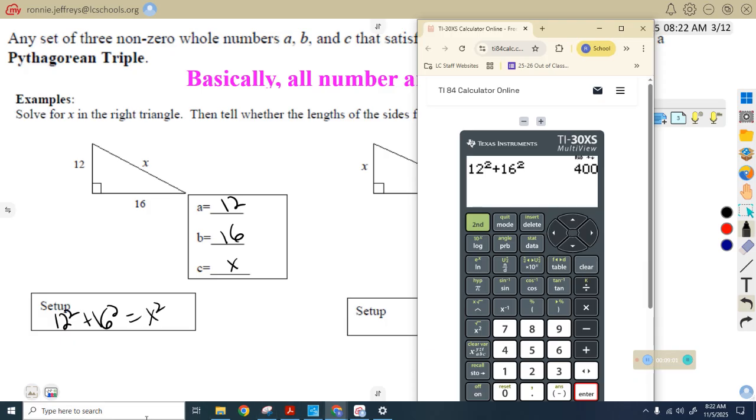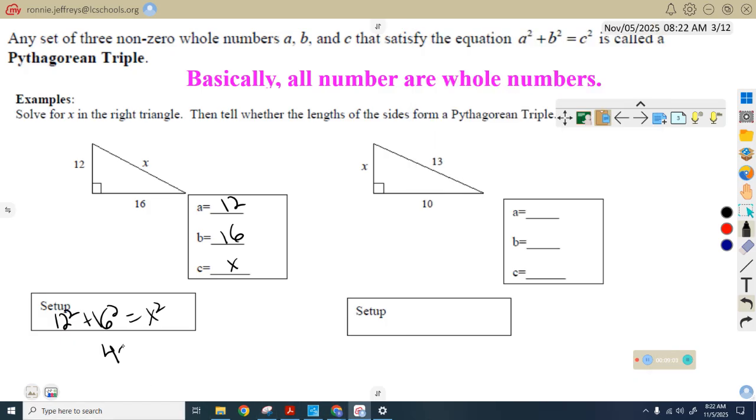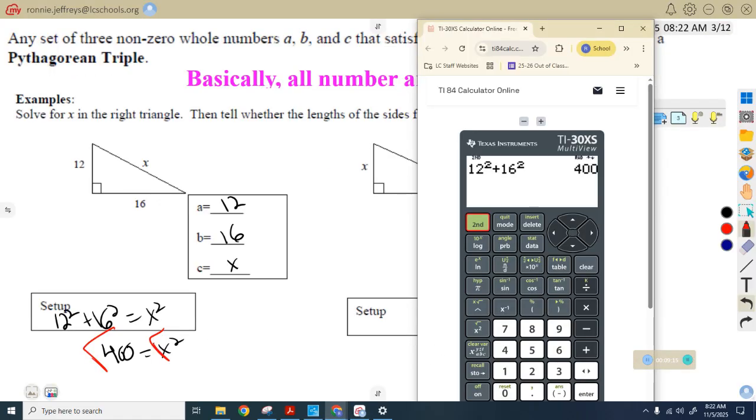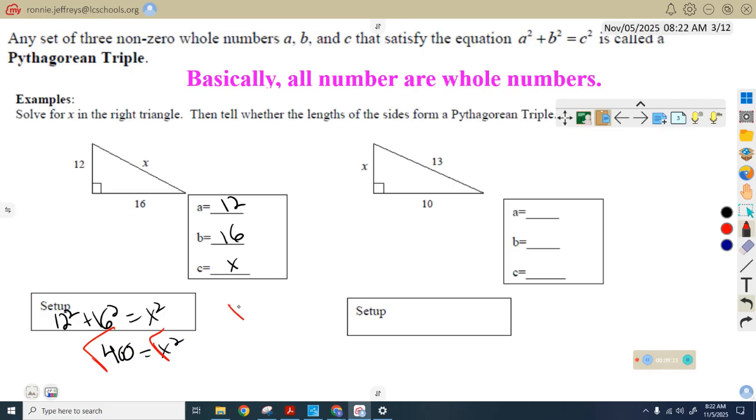All right. So we get 400 equals x squared. Yes, I know I'm writing at a slant, but I don't care. And then the square root, so we get 20. All right, since x equals 20, this is a yes. It's a Pythagorean triple.